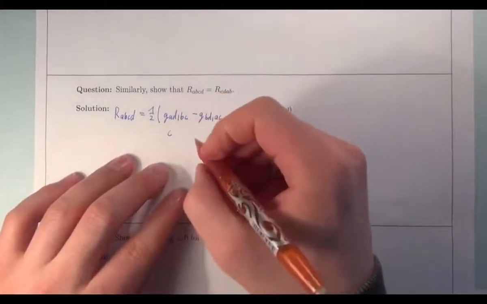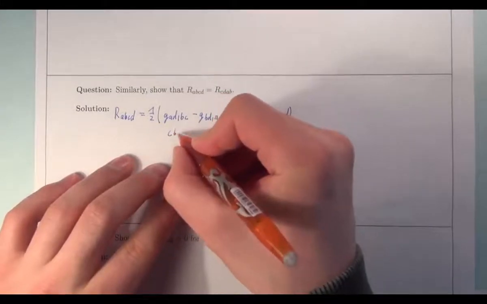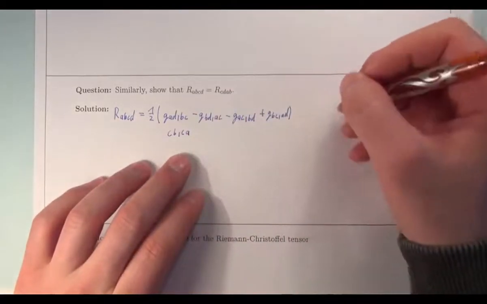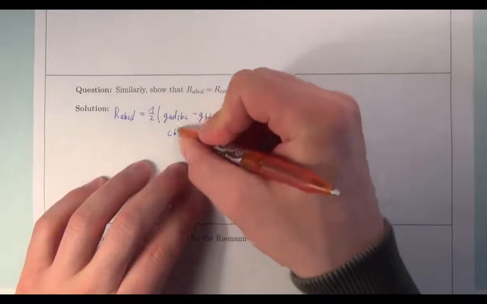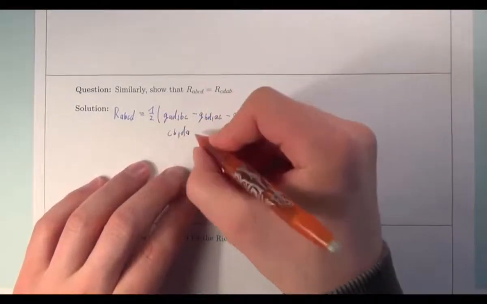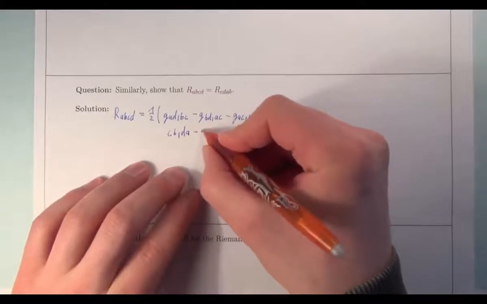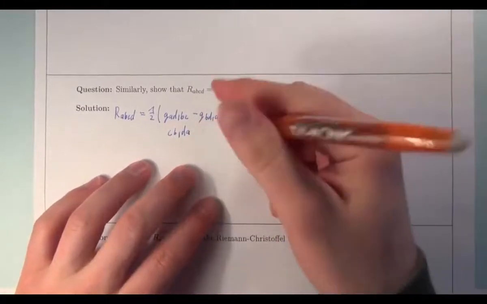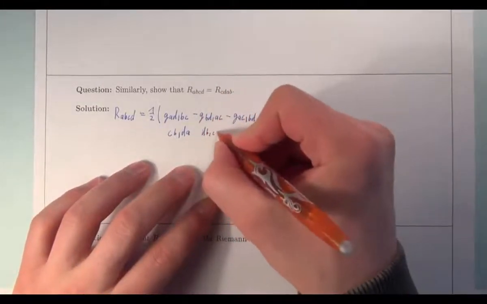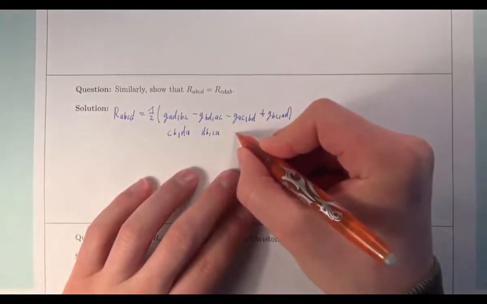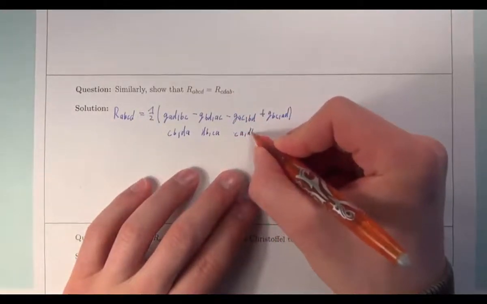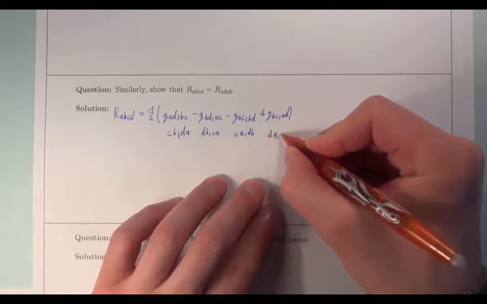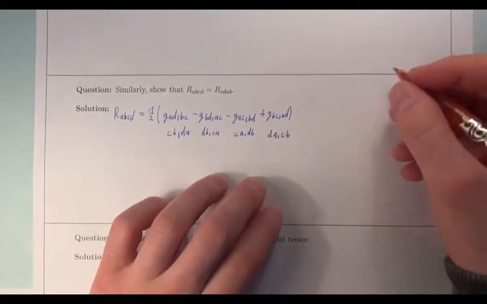Every A is getting a C, every B is getting a D. I'm sorry. I just want to write down the index combination. D,B,C,A. And here it's C,A,D,B. And here it is D,A,C,B. Aha.